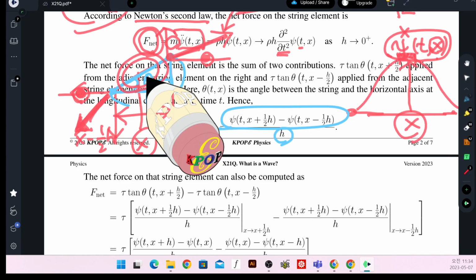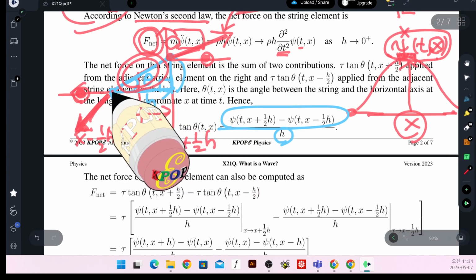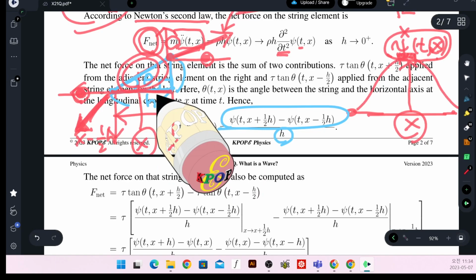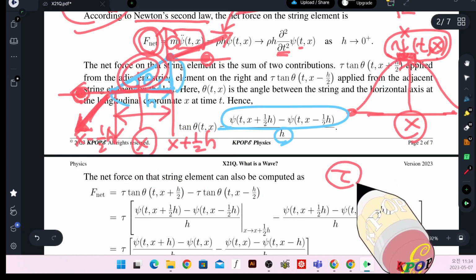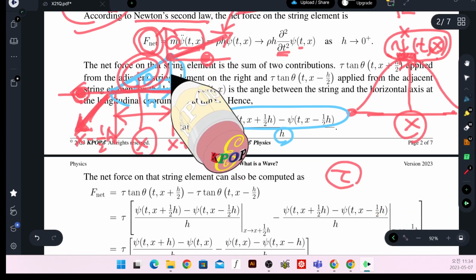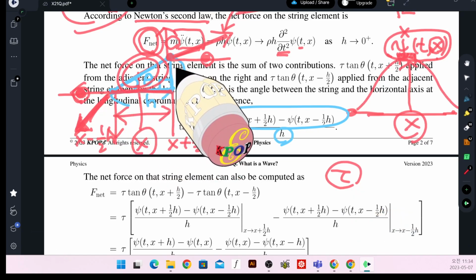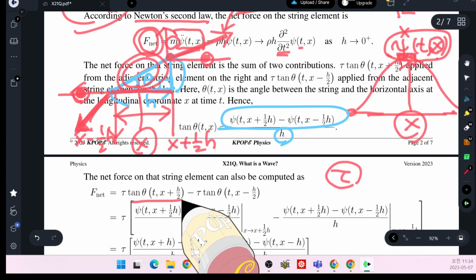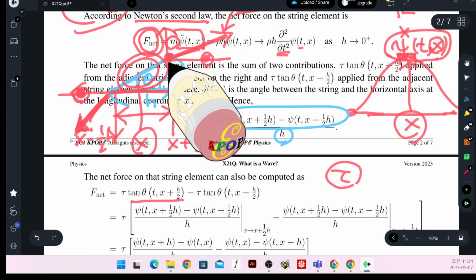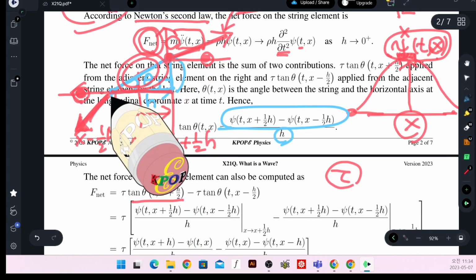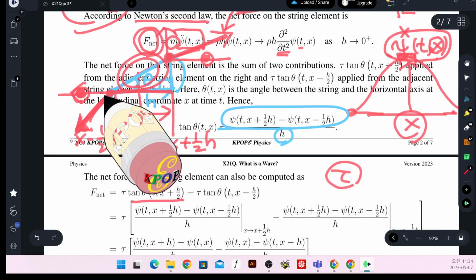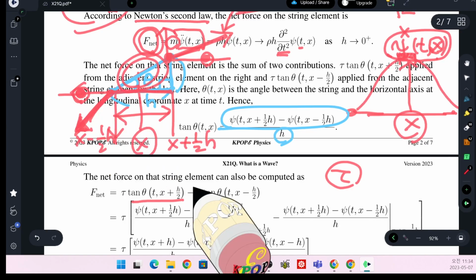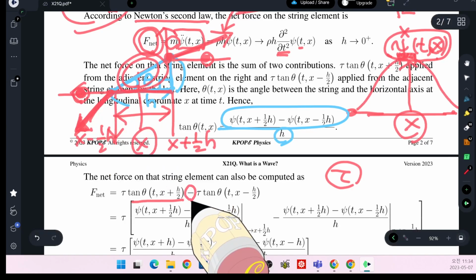We remember the tension is this, and that tension is assumed to be constant. What is the vertical component of this tension? That is tangent, evaluated at this point. And what is the vertical contribution to the net force on the left end? That is the same except that we have a negative sign on it.